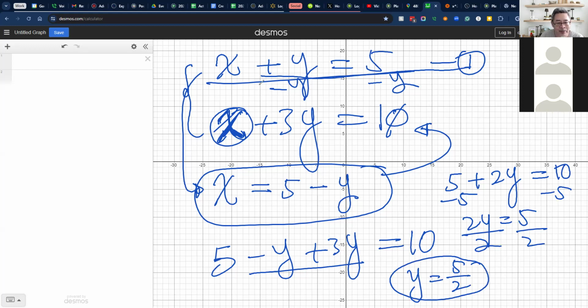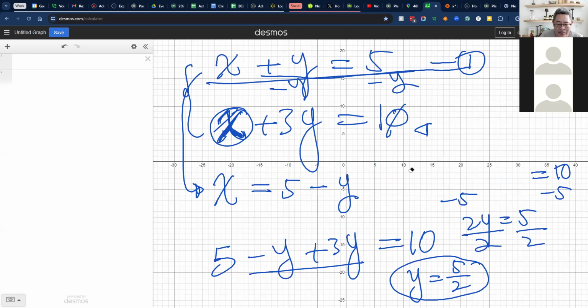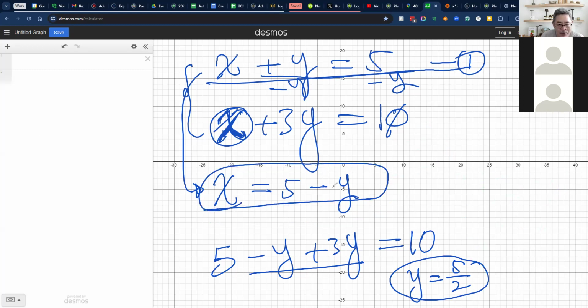Once we have that, we just plug into the first equation, or we can just use the third one because we have this already. So we can also use this one. Therefore, x is 5 minus 5 over 2, which gives us 5 over 2. So that's how we got it.